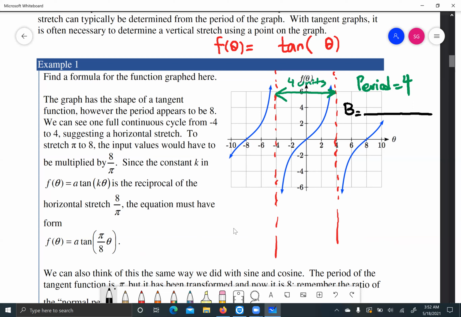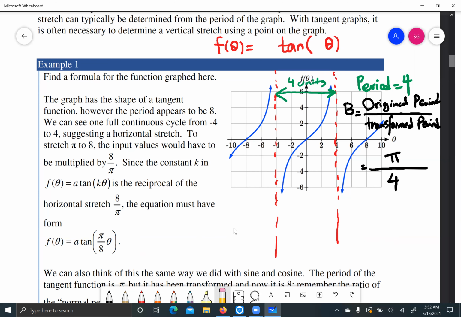It's going to be the original period, the period of the tangent function, divided by the new period, the transformed function's period, something like that. What I mean here is that it's a division of the original period, the period of the tangent function, which is pi. Now, what is the period of this new function? It's 4.